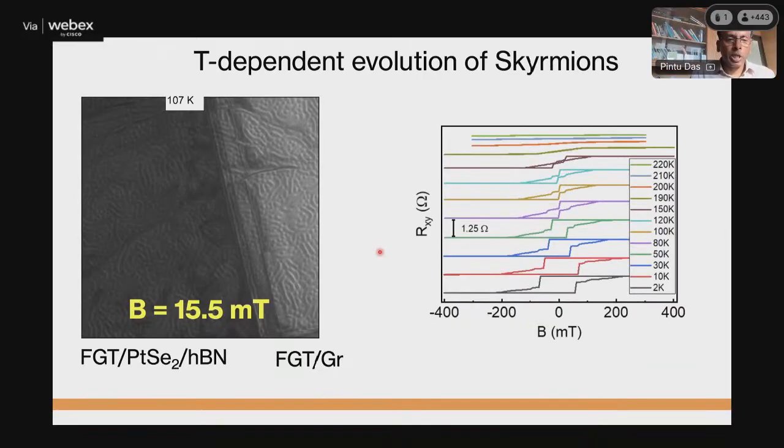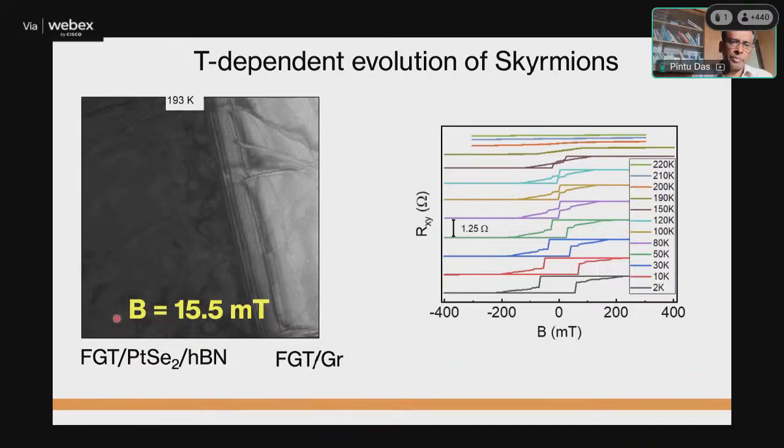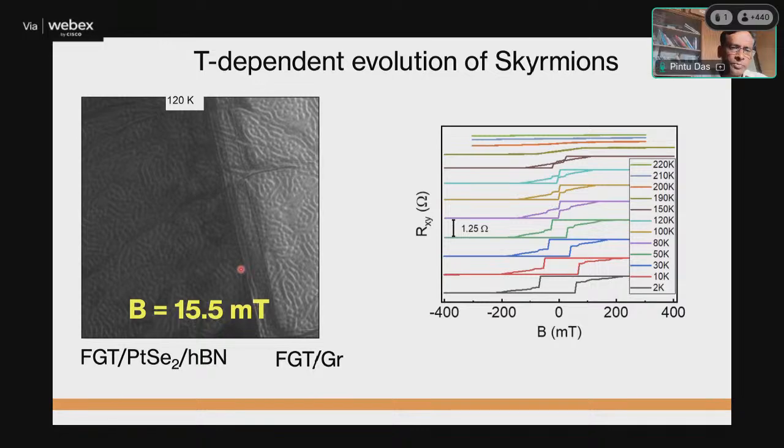All right, so this is field dependent, and here I have another video for the temperature dependent. So you can see it's temperature dependent, and above the skyrmion temperature, the system doesn't show any kind of signal anymore. I'm playing it again.